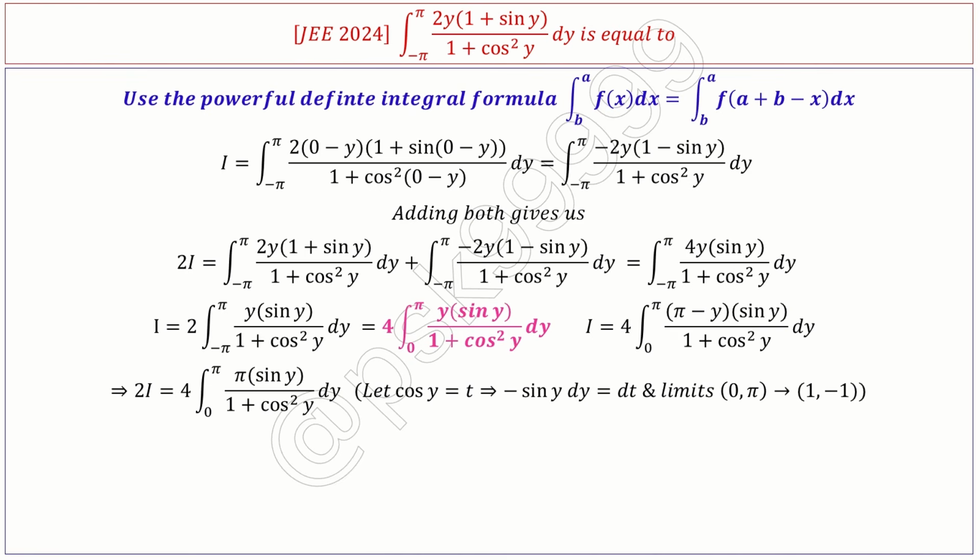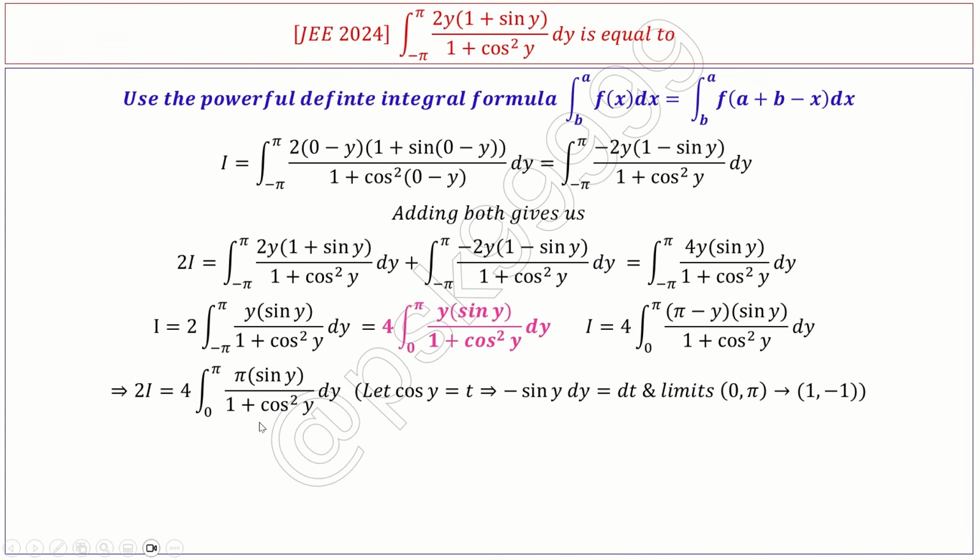If I add this integration with this, I plus I is 2I, which is 4 times integration from 0 to pi of, I am left with only pi times sin y by 1 plus cos²y. This y term is gone basically, because this is minus y sin y, this is plus y sin y, so it gets cancelled. We will be left with only pi into sin y in the numerator.